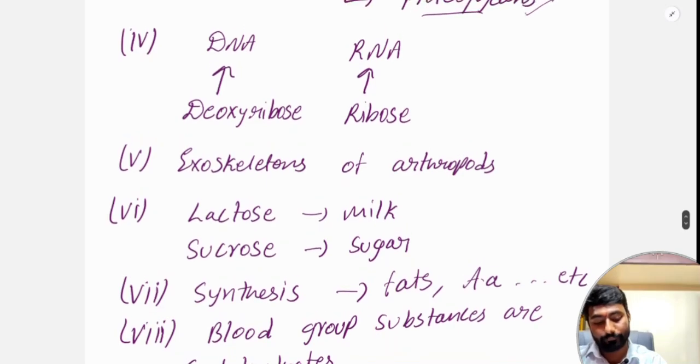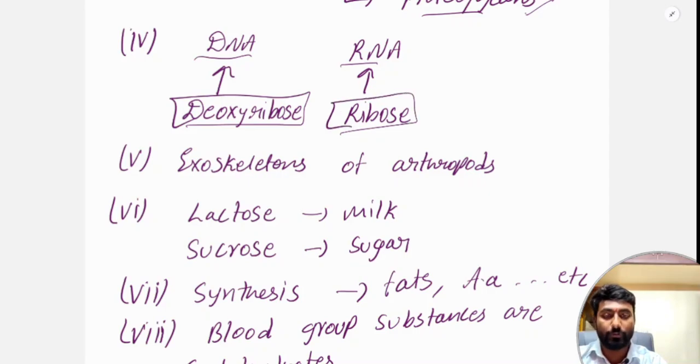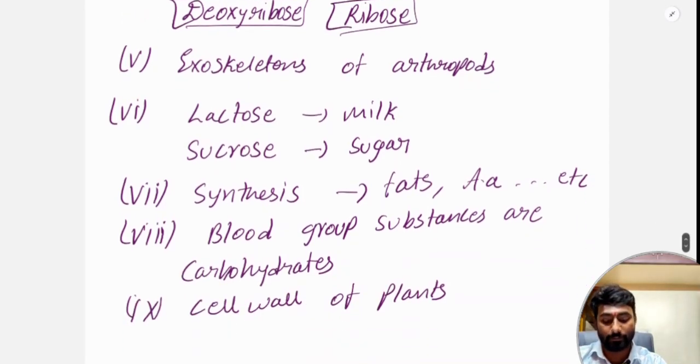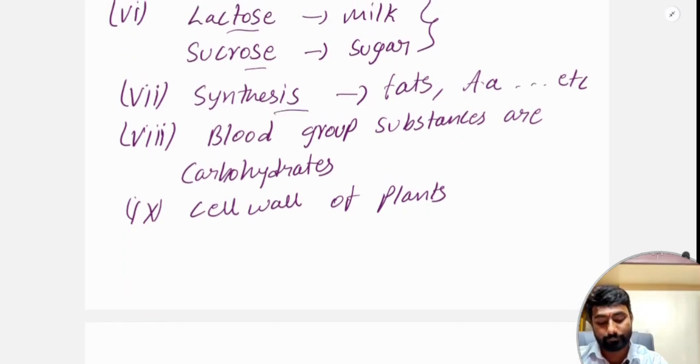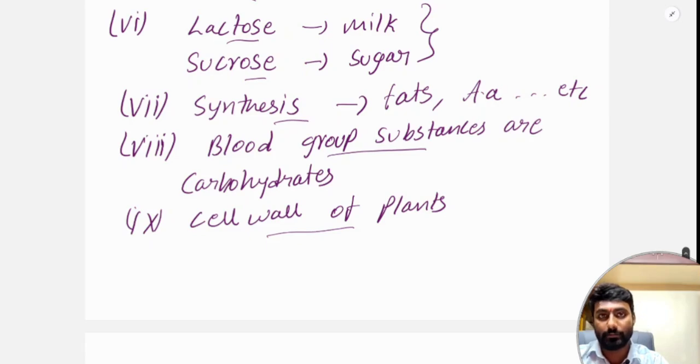They form the backbone sugar of DNA and RNA through deoxyribose and ribose sugars respectively, and the exoskeletons of arthropods, lactose of milk and sucrose present in sugar, which we use on a daily basis, synthesis of fats, amino acids, and so on, and blood group substances and cell wall of plants. All these are carbohydrates. Now we will learn about their classification.